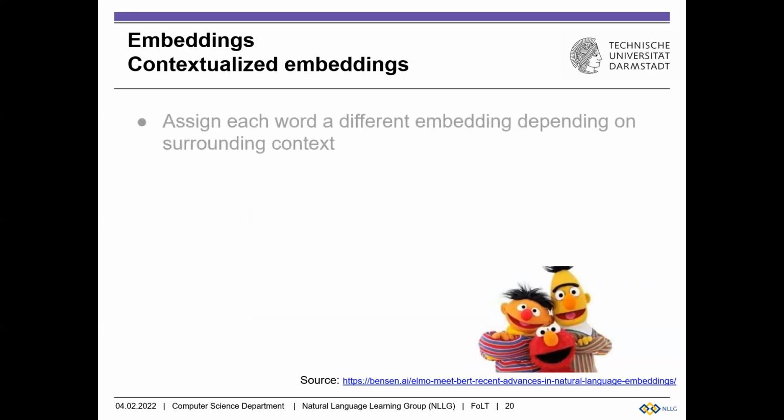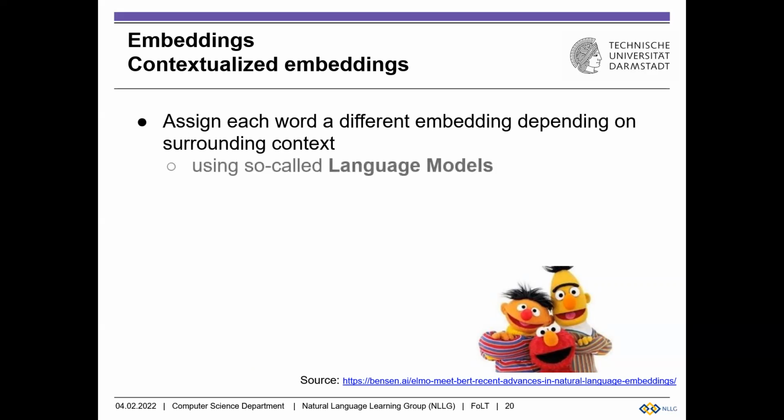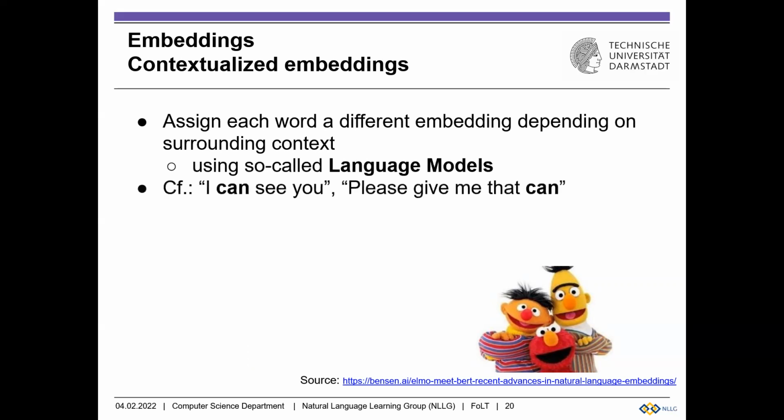Now, the core contribution of contextualized embeddings is that each word is assigned a different embedding depending on its surrounding context. And they use language models to do so. For example, let's look at the word can. The word can in different contexts may mean different things.